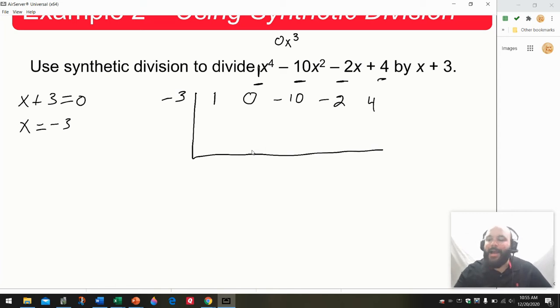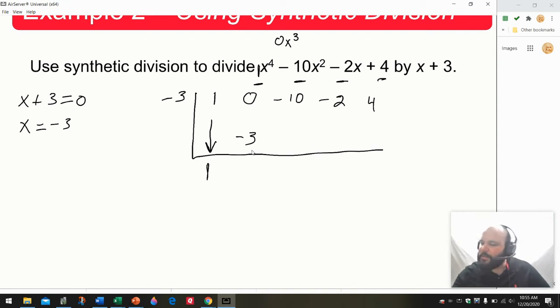Okay, and now it's just a matter of actually doing the synthetic division. So when I do this, I'm going to drop the first number. It always drops down. Now I'm going to multiply -3 times 1, which gives me -3, and I'm going to write that answer right there. And now what I'm going to do is I'm going to add these two numbers together.